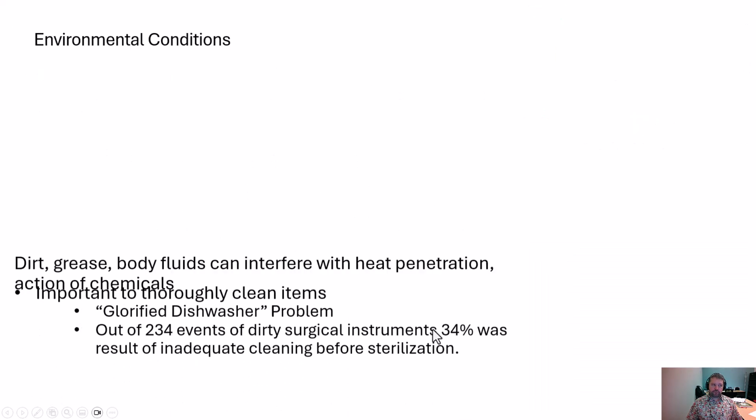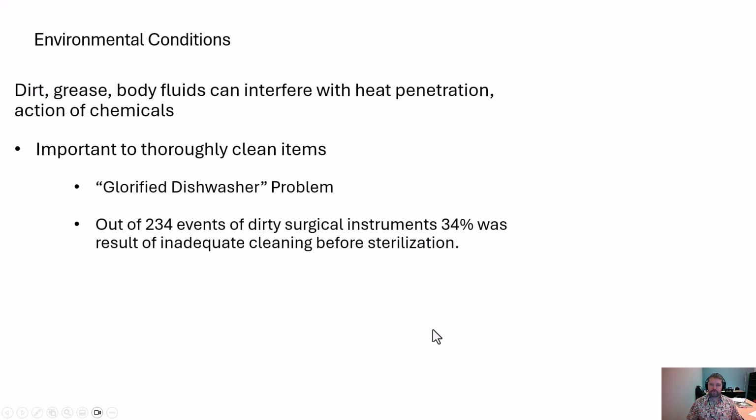Okay. All right, so environmental conditions also play a huge role when we're talking about going through the process of sterilizing, disinfecting, sanitizing, these different things. What is present can have a direct effect on that. So, if we don't do a pre-wash and remove dirt, grease, bodily fluids, etc., it can interfere with heat penetration.